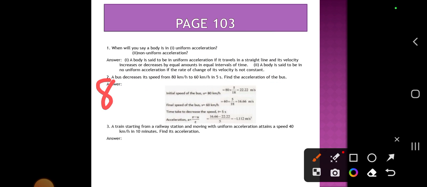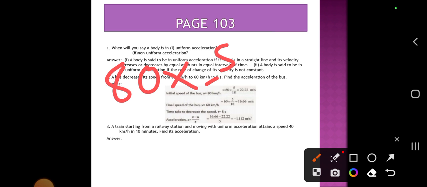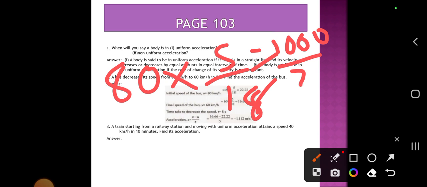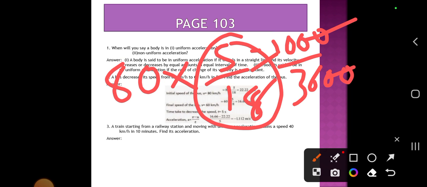Whenever you have to convert kilometer per hour into meter per second, always multiply by 5 upon 18, because this is 1000 and this is 3600. If you cancel this, you will get 5 upon 18.